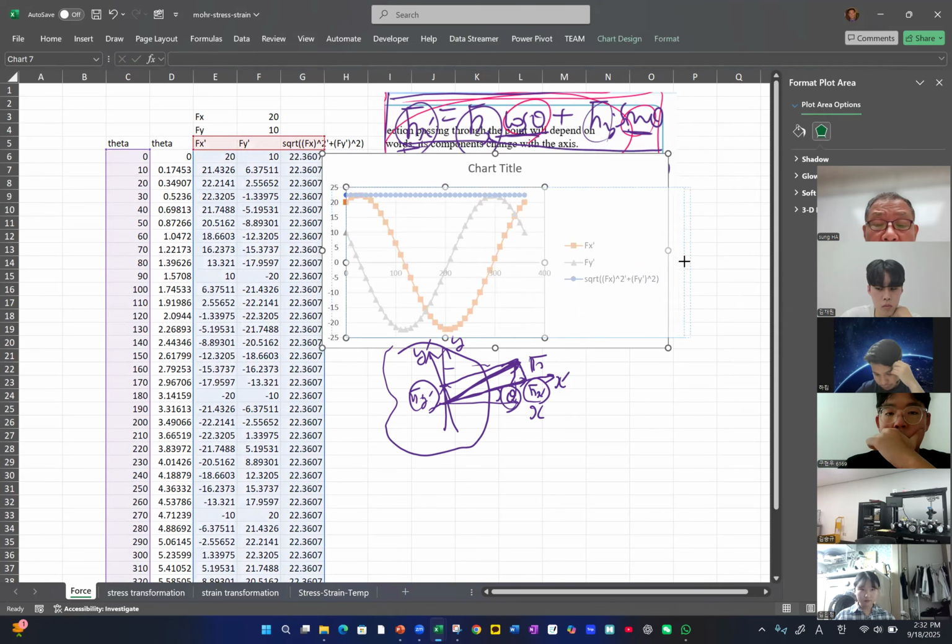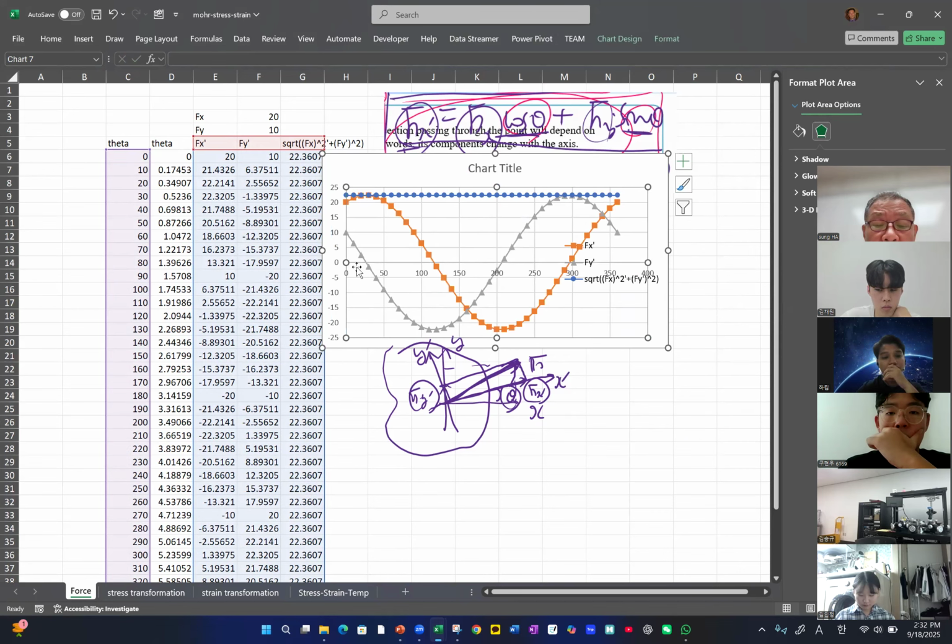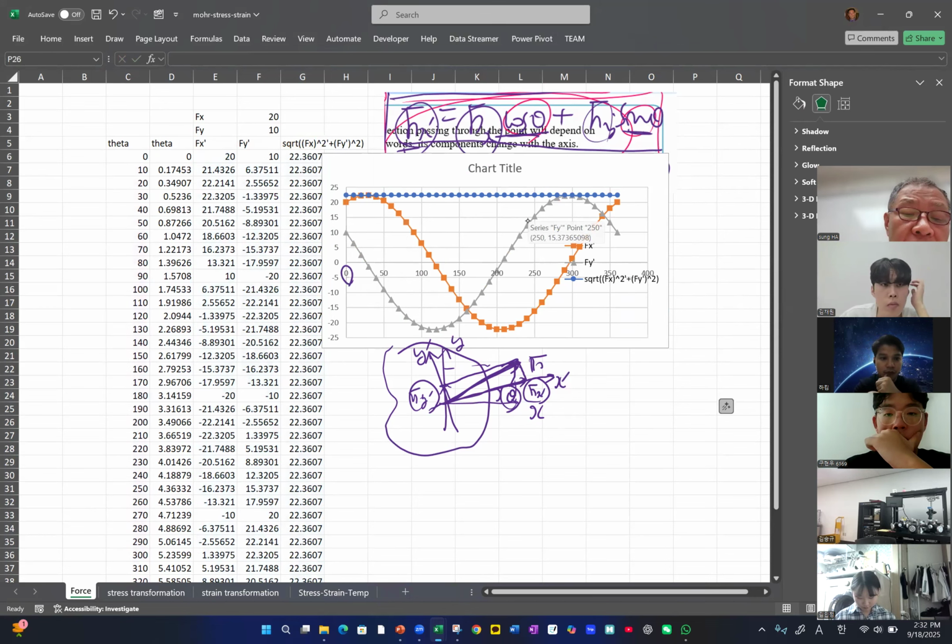Now, as you can see, along this angle from 0 to 360, each component, Fx prime and Fy prime, will change like that. Also notice that at zero angle, this term is 10 and this term is 20. That is exactly the same as this one. Initially, at theta equal 0, the terms were given as 10 and 20.